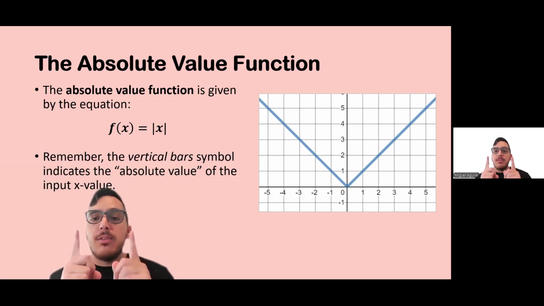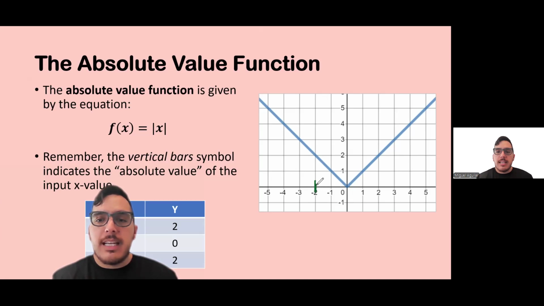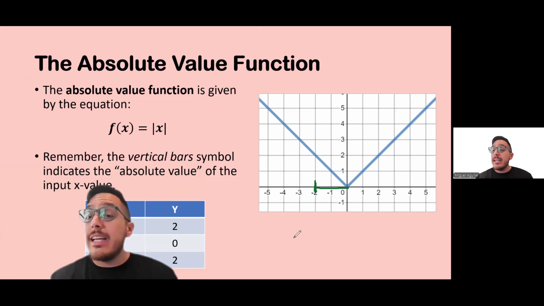So if I take the absolute value, for instance, if I take the absolute value of a negative number, like the absolute value of -2, okay, this is like asking how far from 0 is -2 on the number line. So what is this distance here? Okay, and again, we only measure distance in positive units.